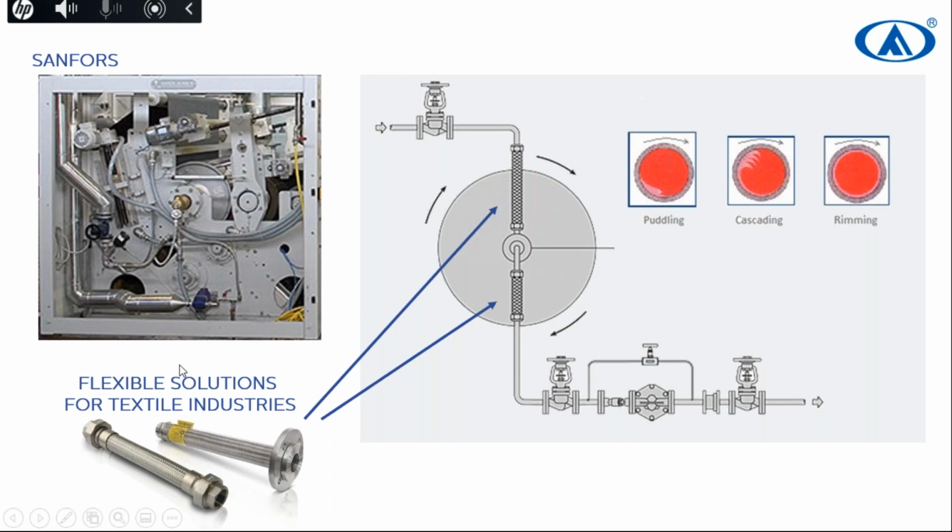For example, for flexible metal hose application, in some cases, some clients are using this flange type, and they are using this flange connection directly to the valve. But if you do it like this, as shown, there will be too many elbows, too many turns in the flexible metal hose.